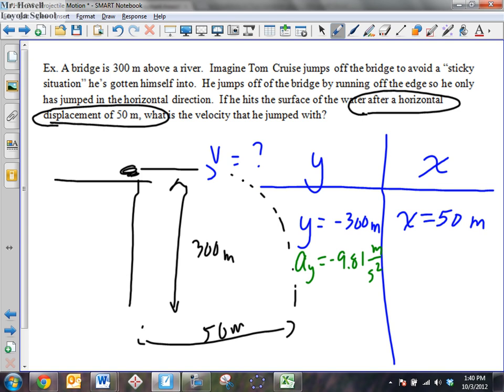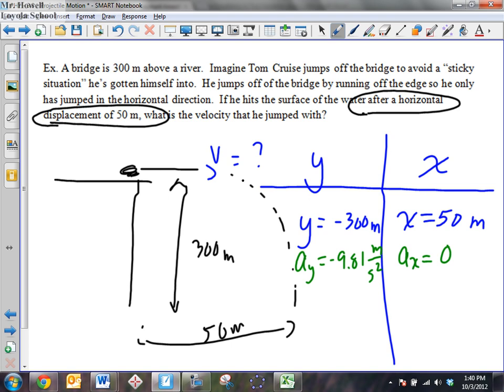And remember what we said a minute ago, guys. In the X direction, there is no acceleration. Once Tom Cruise runs off the bridge, there's nothing pushing him forward anymore. His momentum is carrying him, sure, but there's no force behind him that propels him forward, whereas gravity is a force pulling you down.